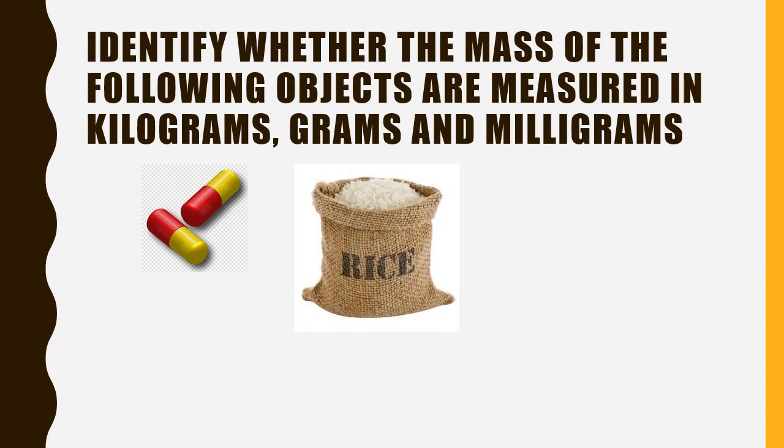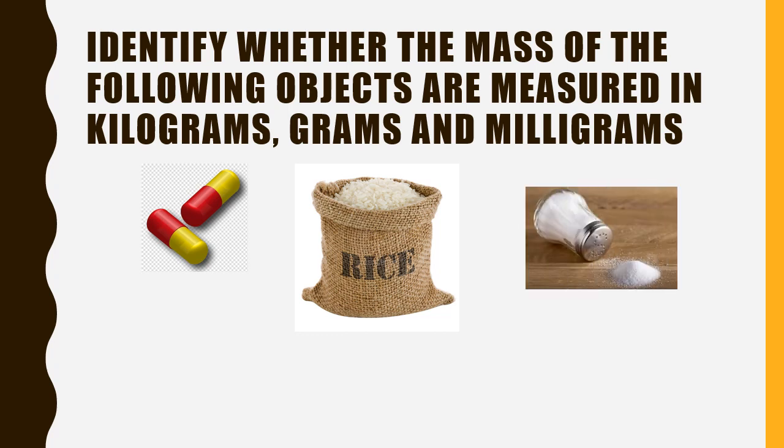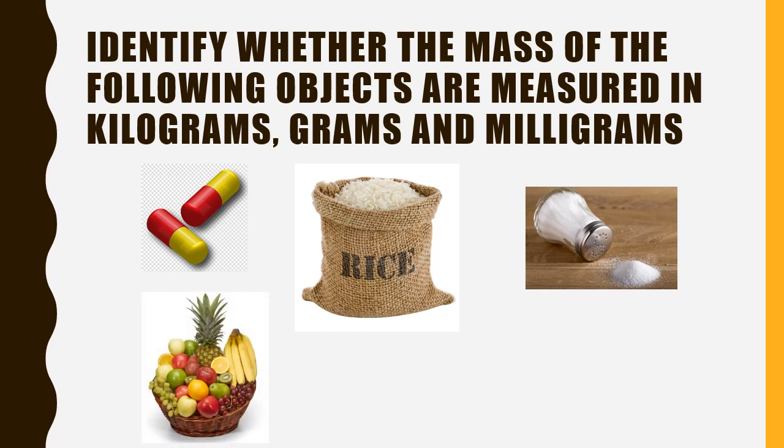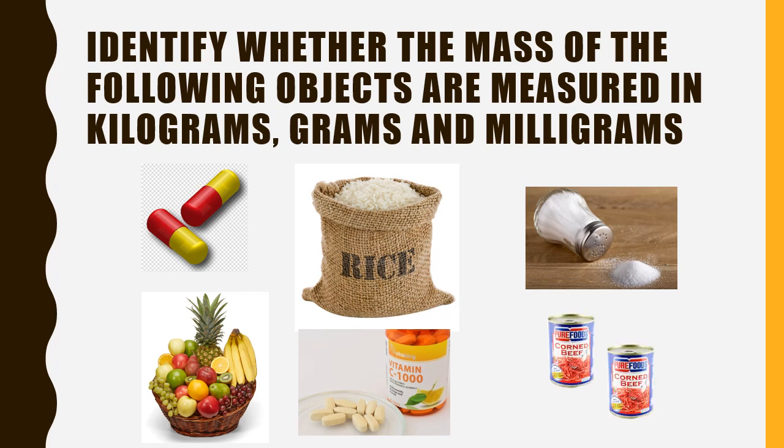Number 2. A sack of rice. Number 3. Salt. For number 4, a basket of fruits. Number 5, vitamin. And number 6, canned goods.